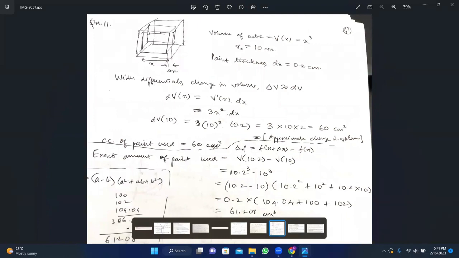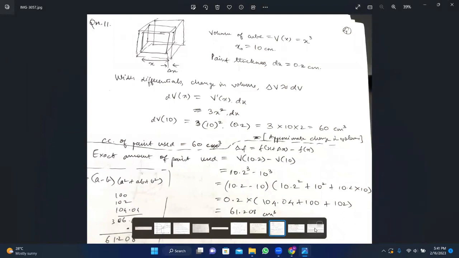So this is an approximate diagram which I have drawn here. The inner cube is a cube, and next we have the outer cube here. So the outer cube has delta x extra on all the sides of the cube. Now we write the volume of the cube as V of x equal to x cube.